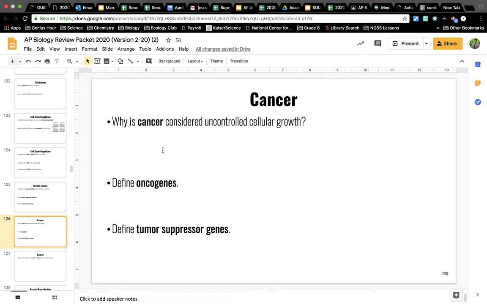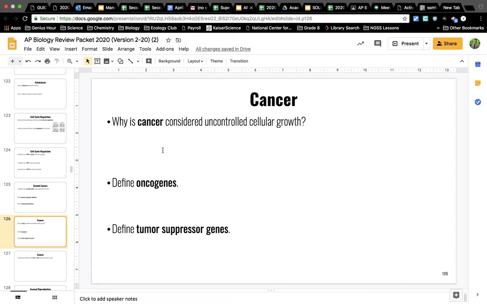Now, it's important to note that some cells are not dividing, but if we think about something like a skin cell that's usually going through a lot of division, normal cells are not immortal, not like a cancer cell. They have a limit to the number of times that they go through cell division. And the number is an average between 20 and 30 times.